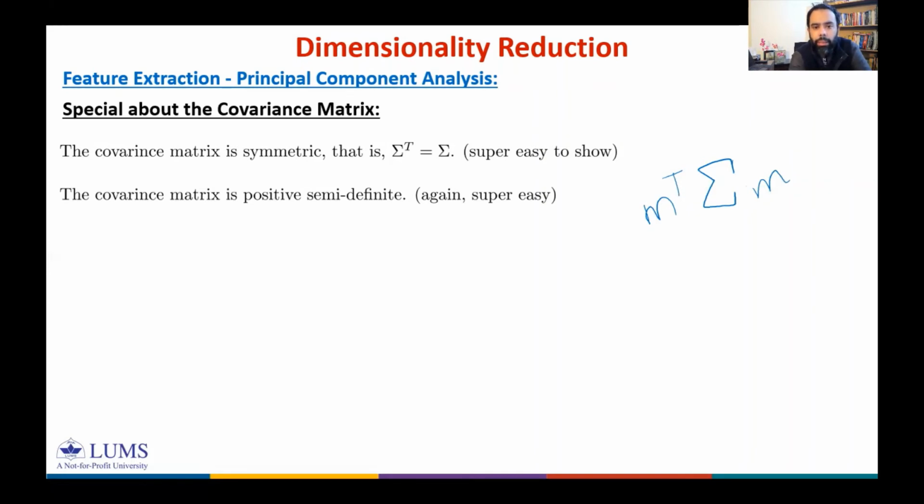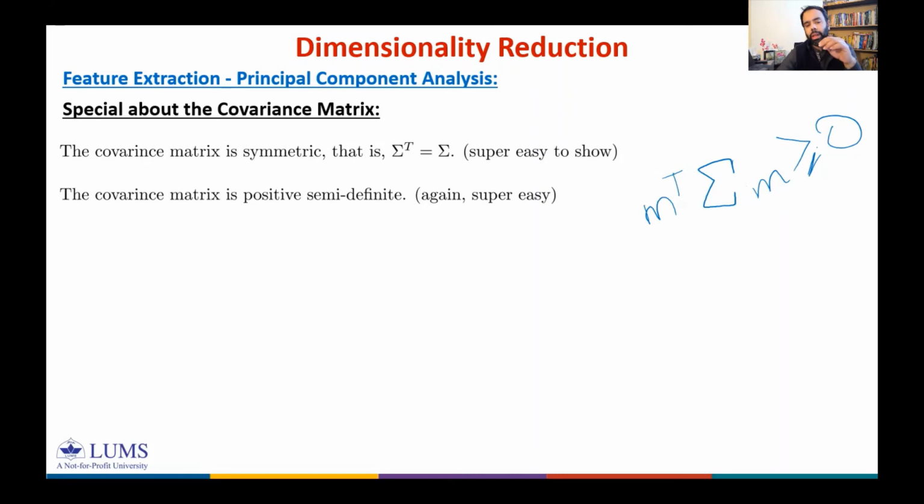A scalar value. If this is greater than or equal to 0 for every vector M, we say a matrix sigma is positive semi-definite.